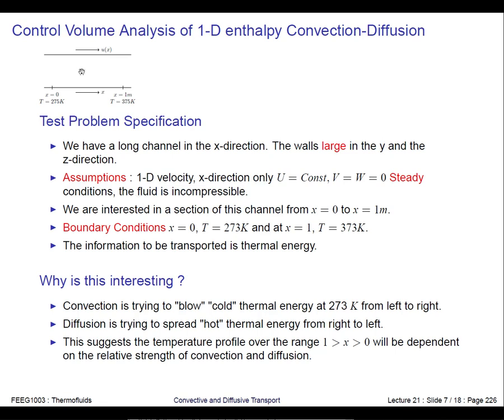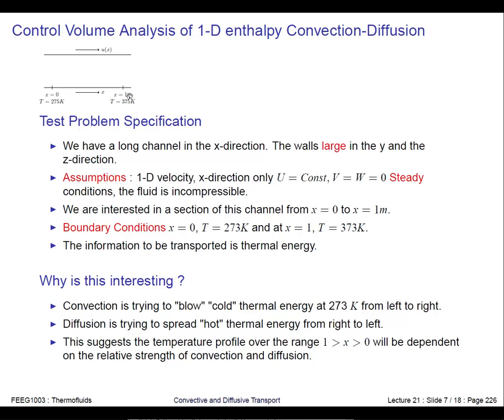Okay, so we're going to make up a section in the middle. At x equals 0, I have a low temperature here, and at x equals 1, I've got a hot temperature here, and the velocity is going this direction from left to right. What that means is convection is blowing cold fluid into this region between x equals 0 and x equals 1 that we're interested in.